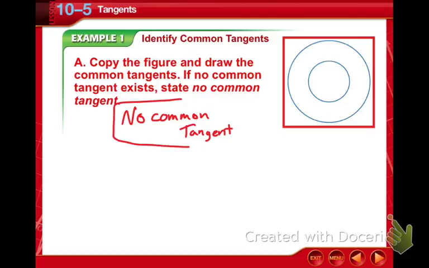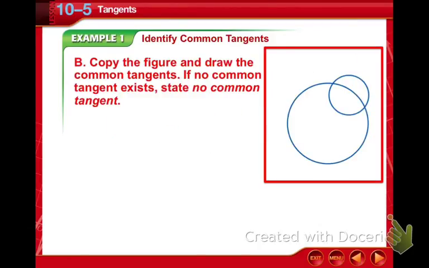There's no line we can draw that will touch each of those circles in just one point. And I mean line, not segments. Obviously we can draw a little segment that goes into each of these circles and touches them, or goes through them, but doesn't just touch the circles.